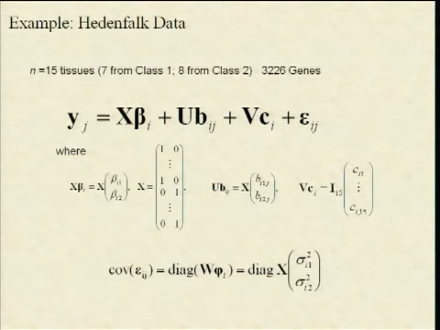And for example, with the head and neck data, we could set this up. We've got two classes, so we could set up our X matrix to be this. So these are the 7 observations in the first class, and these are the 8 in the other. And basically, we end up actually clustering the genes into only 3 clusters. In one cluster, these betas are roughly the same.